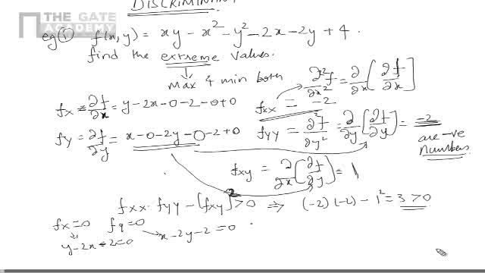Correct? So we get that x minus 2y equals y minus 2x. On simplifying, making the like terms together, we get 3x equal to 3y, which implies x equal to y.